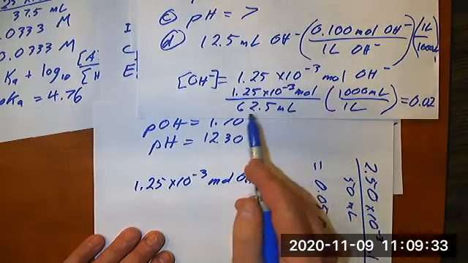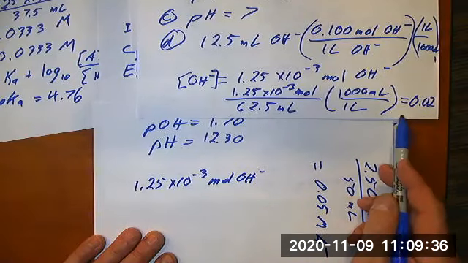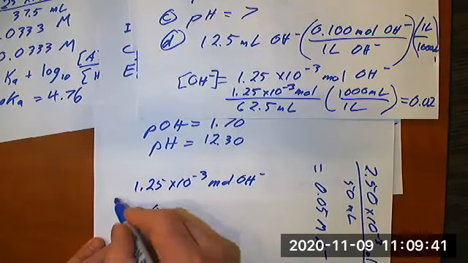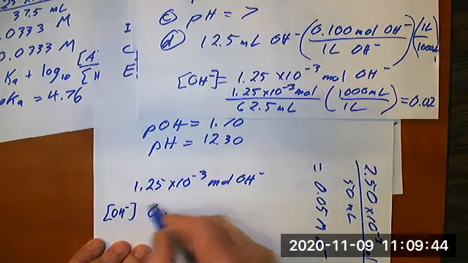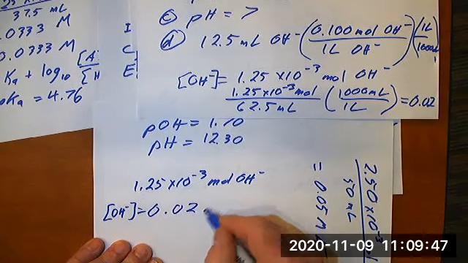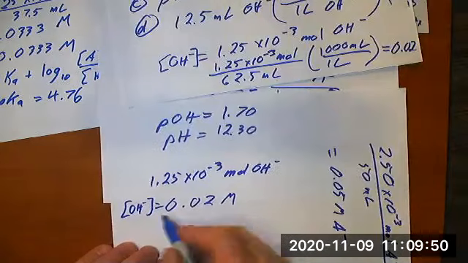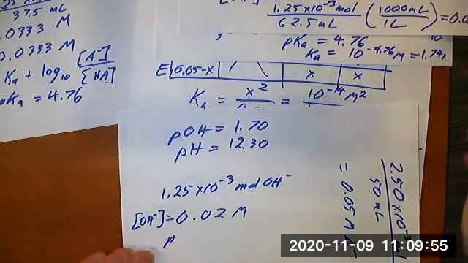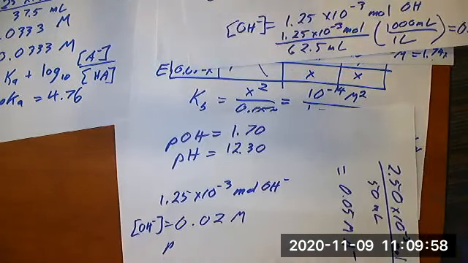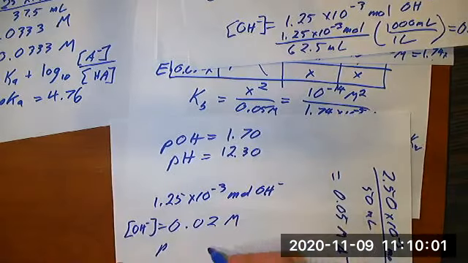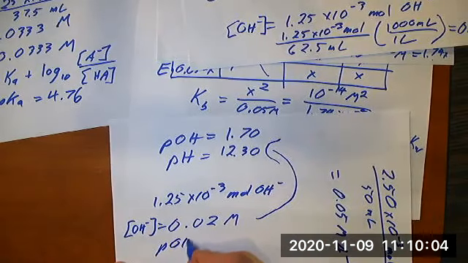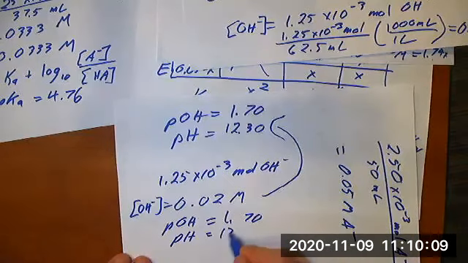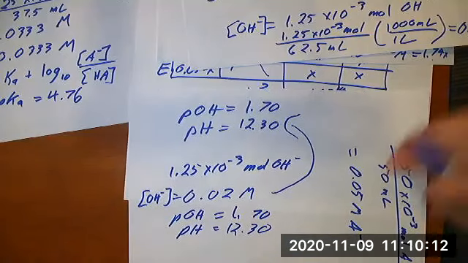And we already dealt with the concentration in this volume before. So we get a concentration of OH, just like we did before, of 0.02 molar, which then gives us the same pOH we had before, which I already calculated. Oh, right up here was this. So we have a pOH of 1.70. Therefore, our pH is going to be 12.30, just like it was in the strong acid, strong base case.